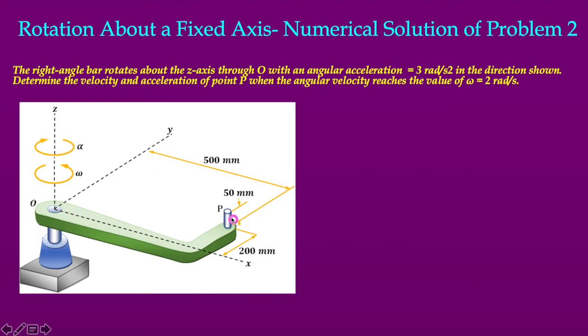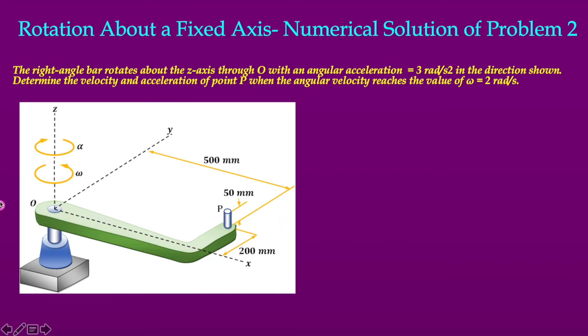It is at a height of 50 millimeter from here. This link is 20, and this is equal to 500 millimeter. So for this, we have already discussed in our previous class that the direction of alpha and omega both is vertical, meaning perpendicular to the plane of rotation.